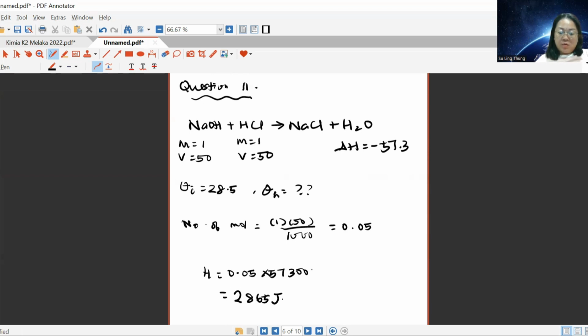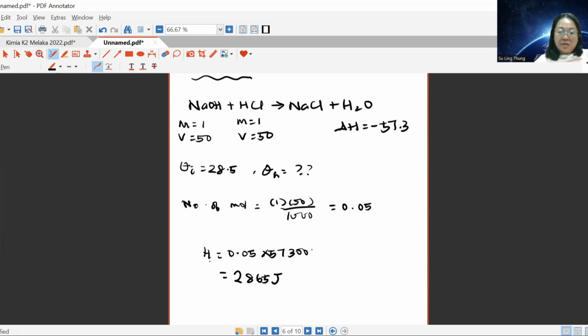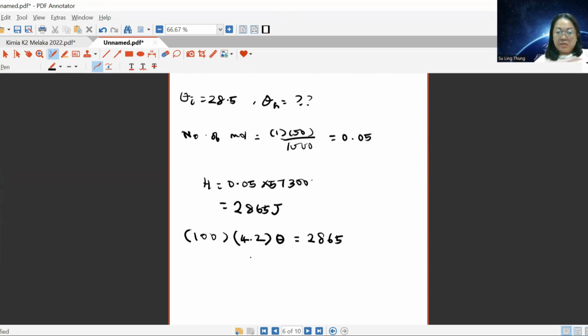Okay, and don't forget your mc theta. Your m here will be 100 because of 50 plus 50, times c 4.2, times your theta, which is your temperature change, equals 2865. So as a result, theta is equal to 2865 divided by 420, which is 6.82 degrees Celsius.